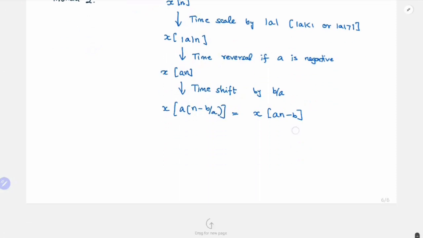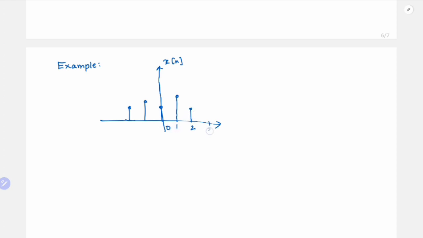So let us take an example. So I have x of n given by, for n equals minus 3, minus 2, minus 1, 0, 1, 2, 3, it is 0 beyond this.